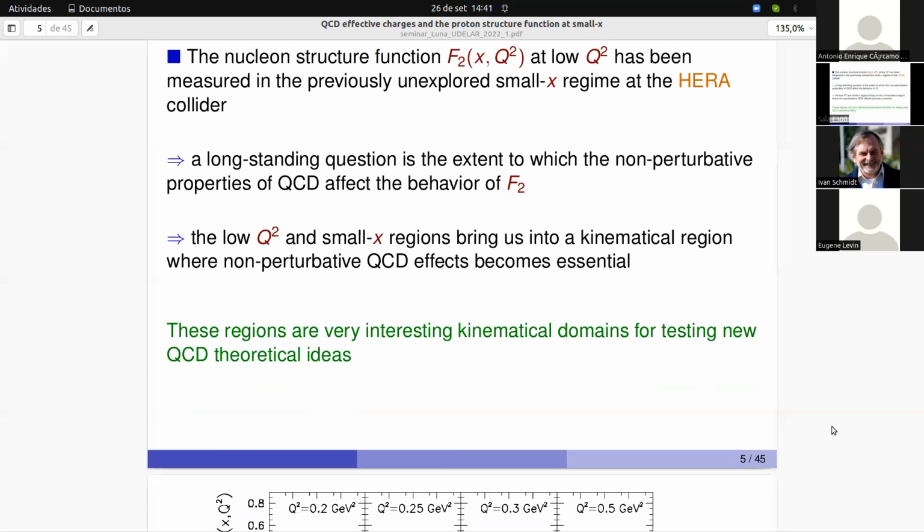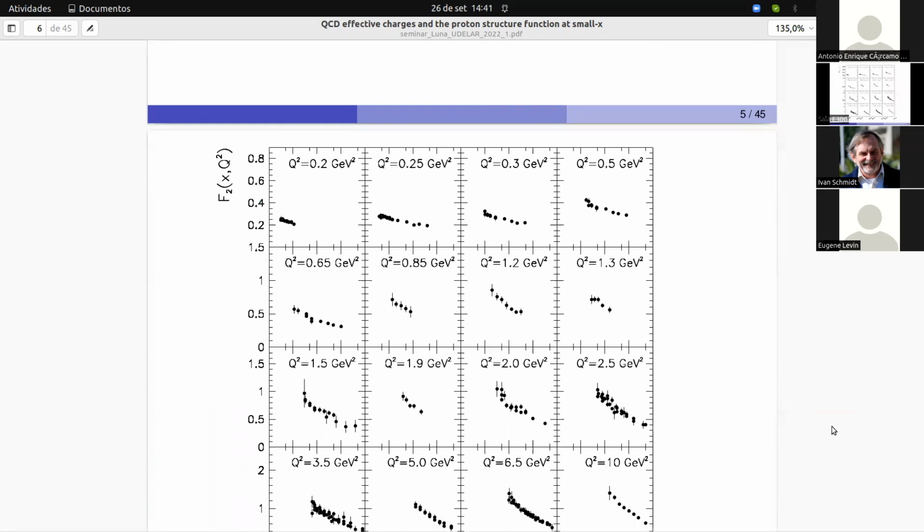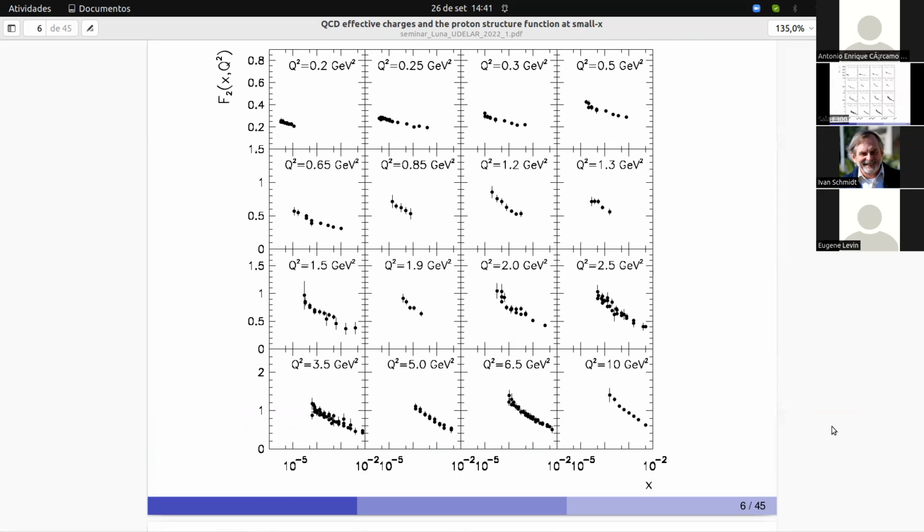That's what we have done. Here I'm introducing the data that we try to describe. We have implemented a global fit of the data.